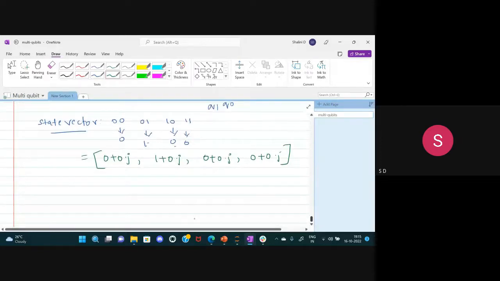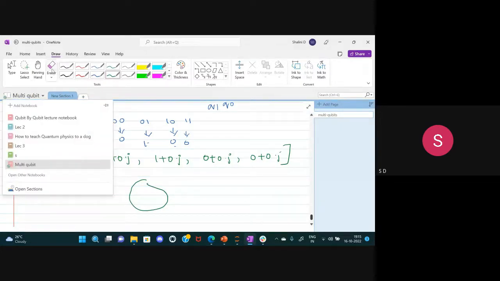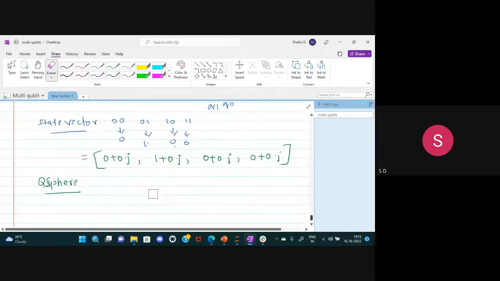And what is the Q sphere for this? We have 0 0 over here, and sorry, 1 1 over here.